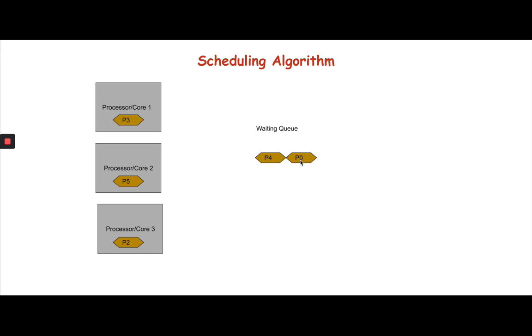The problem is, if you look at the previous one, to run P0 we definitely need some data loaded in core 1 that can be used by P0. When P0 is not there, the data is still in core 1, and it depends on which core P0 will go to next. Because the data associated with P0 is still in core 1.